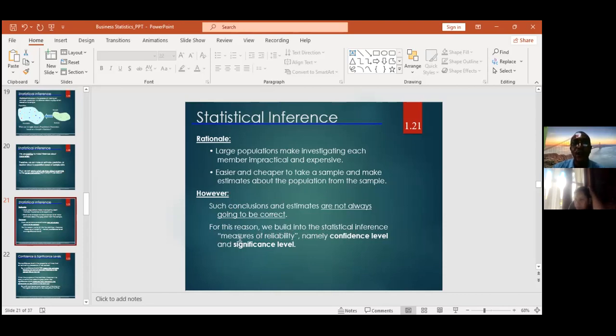Now, examples of these measures of reliability are confidence level and significance level. So now, in the next slide, we are going to see another important concept called confidence level and significance level. I will ask you a question later regarding this, so you must take note of the differences.